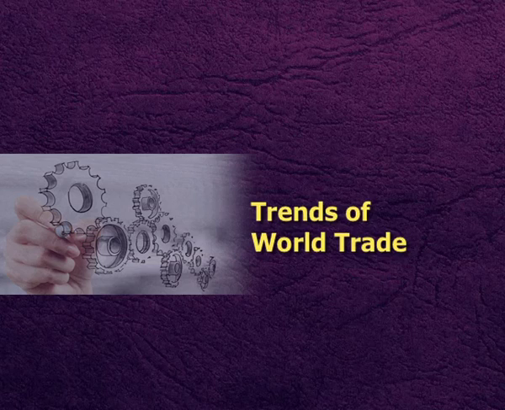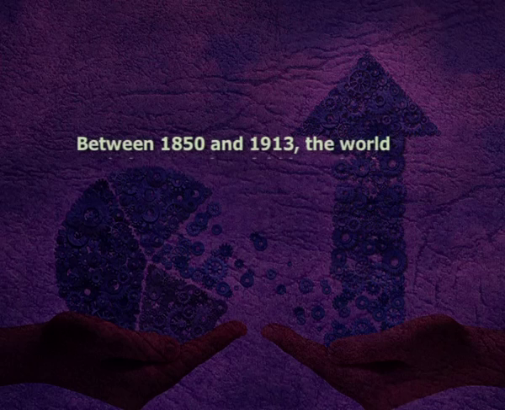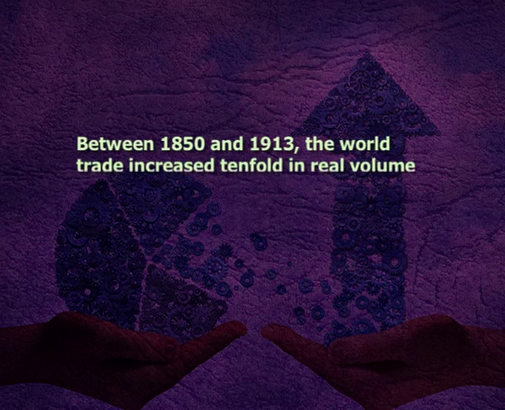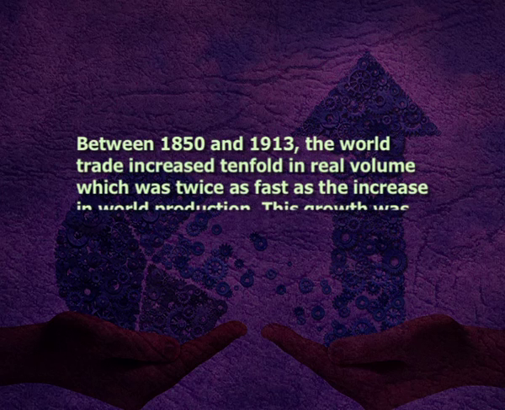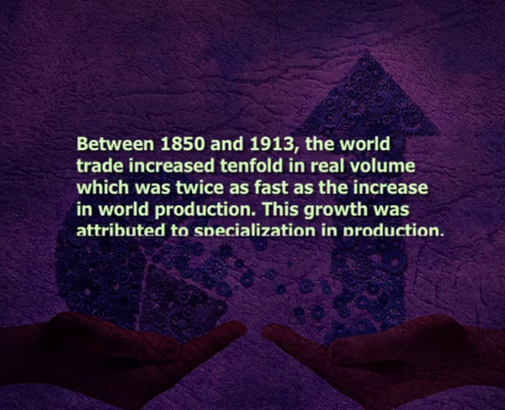Now, let us review some trends of world trade. Between 1850 and 1913, the world trade increased tenfold in real volume, which was twice as fast as the increase in world production. This growth was attributed to specialization in production. Britain and the countries around the British Empire took a major share. The low income countries experienced a typical lopsided growth pattern.